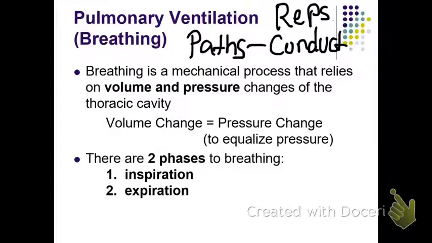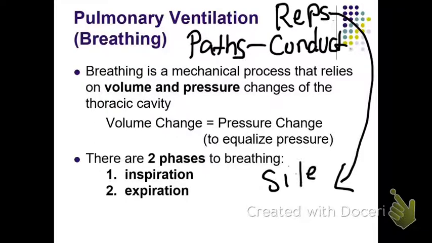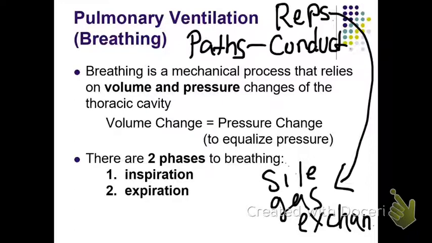And then the respiratory zones, which I will explain down here, are the exact sites for gas exchanges. And these consist of the bronchioles, the alveolar ducts, and approximately 300 million alveoli.